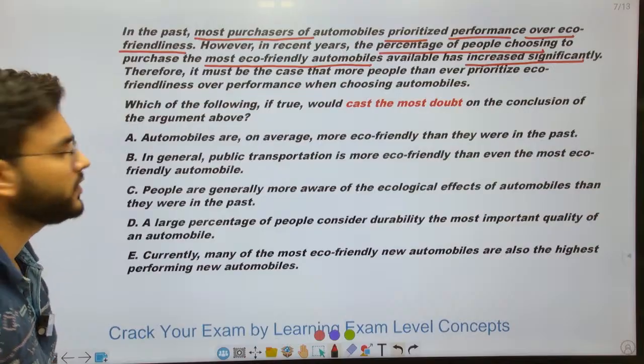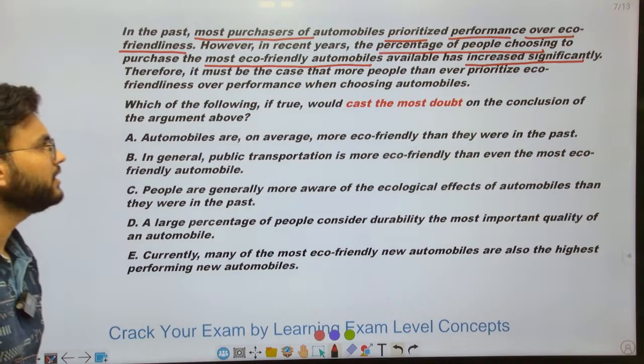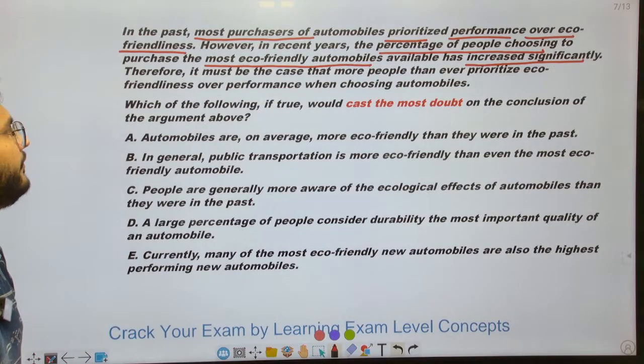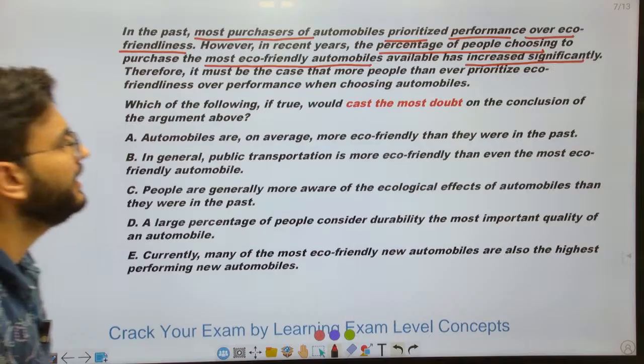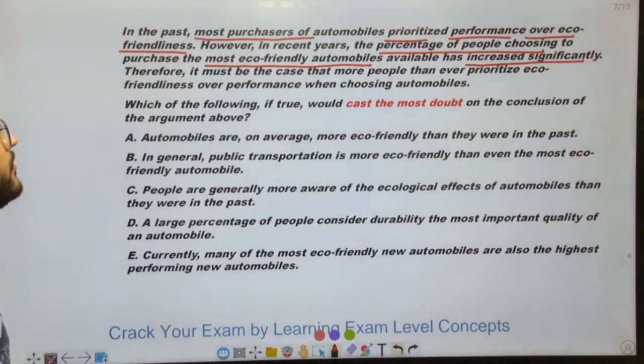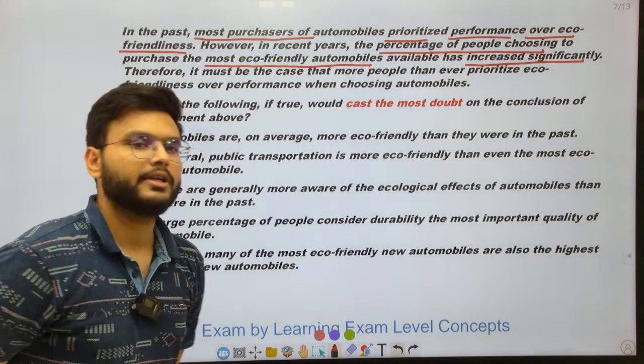A good number. So now the author concludes on the basis of these two facts that it must be the case that more people than ever prioritize eco-friendliness over performance while choosing automobiles.